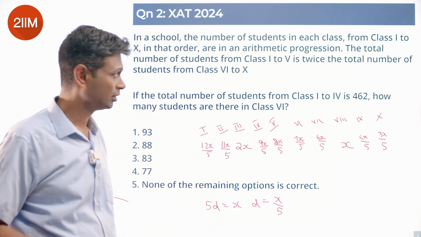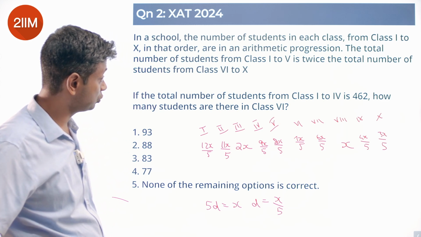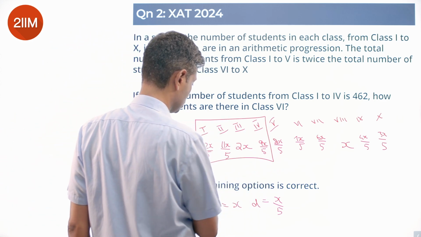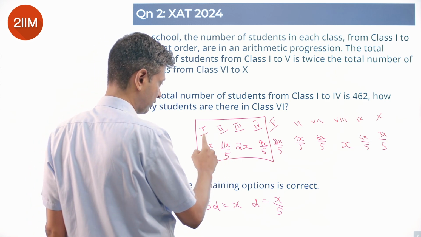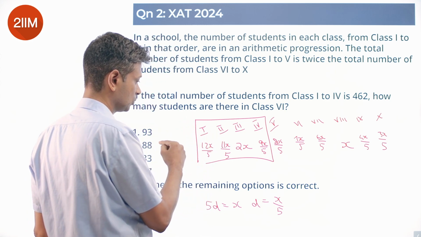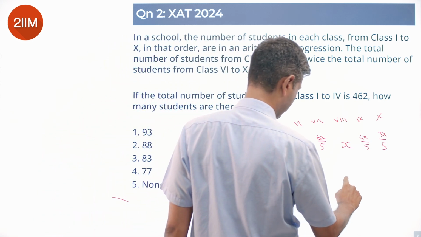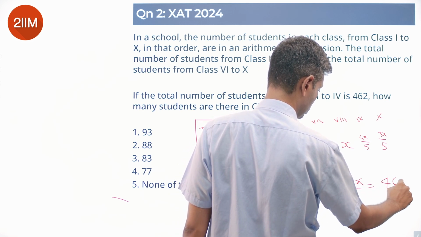These are the numbers. If the total number of students from class 1 to 4 is 462, then 12x by 5, 11x by 5, 10x by 5, 9x by 5: 11 plus 10 is 21, 12 plus 9 is 21, so 42x by 5 is 462.